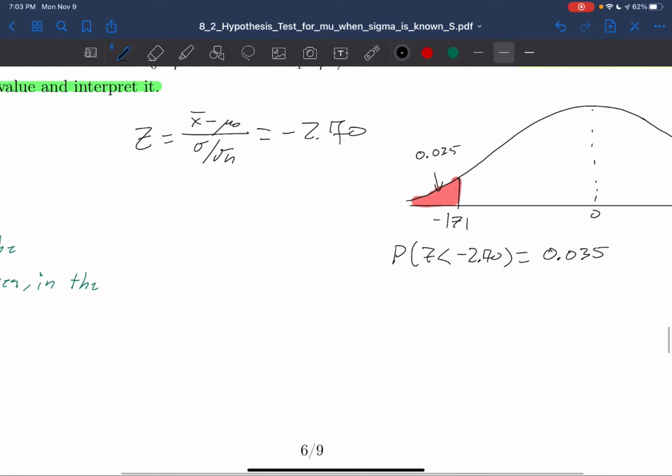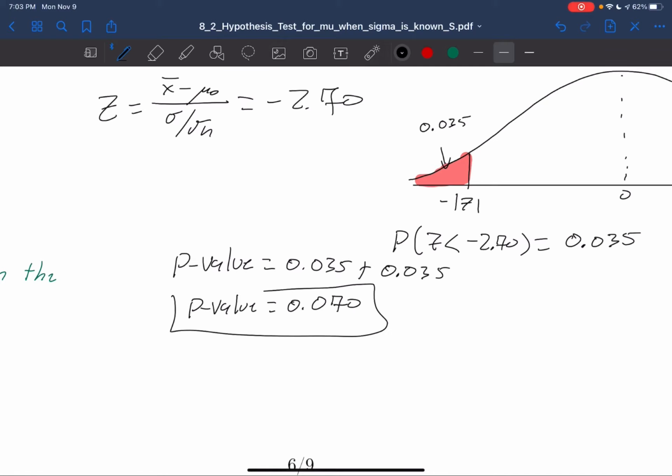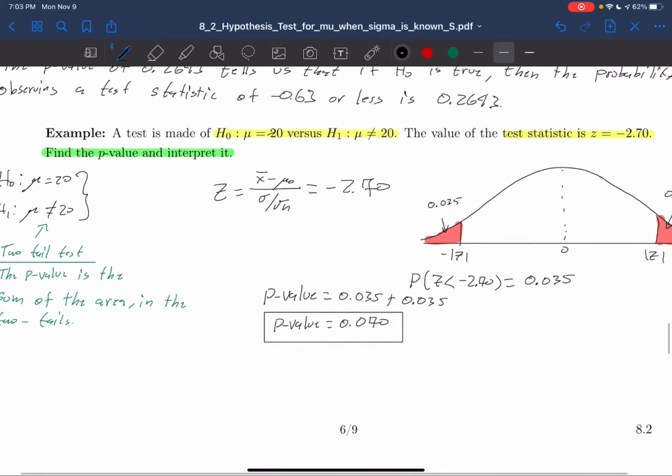So then the p-value is going to be equal to 0.035 plus another 0.035. So the p-value is going to be equal to 0.070. Cool.